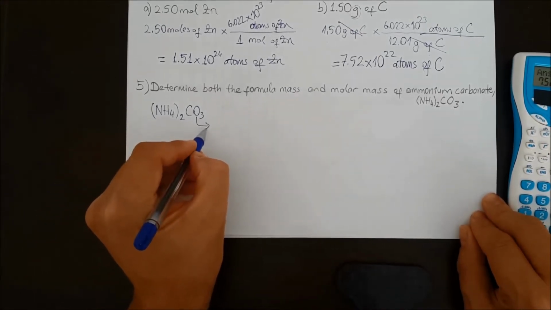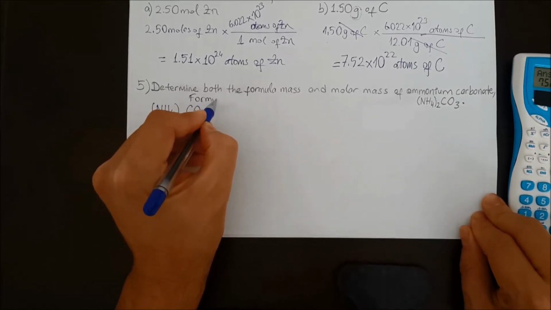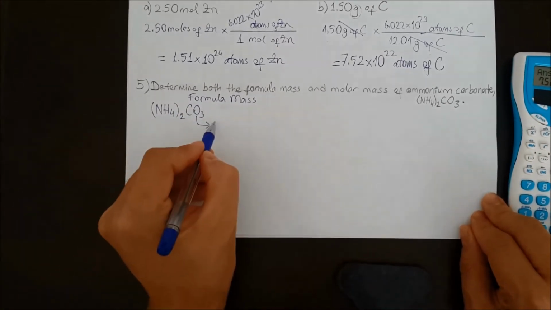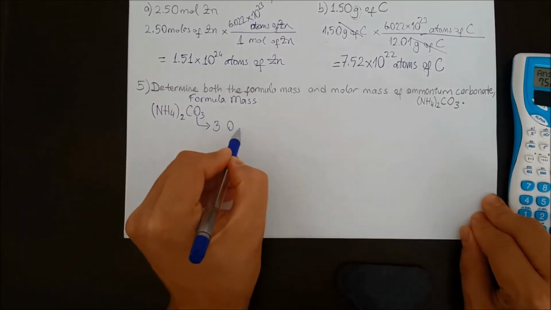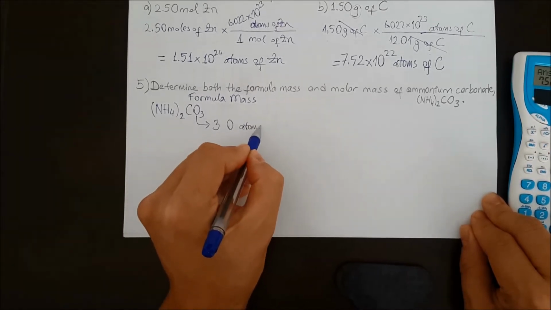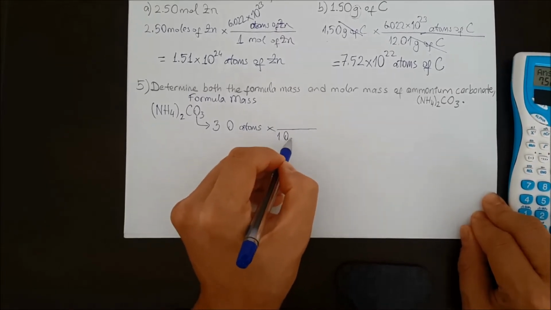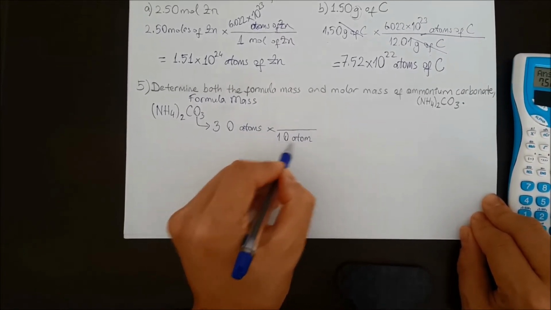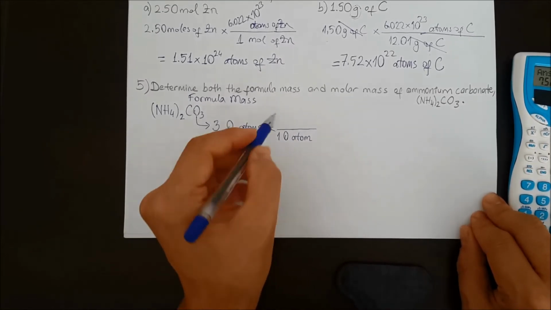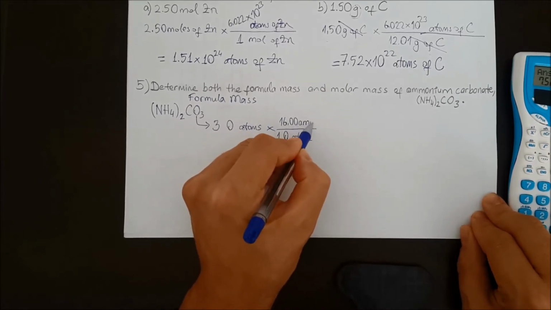Here, let's write a title. This is the calculation of formula mass. I have 3 atoms of oxygen, 3 oxygen atoms times 1 oxygen atom. Its average atomic mass, in unit of AMU, is 16.00 AMU.